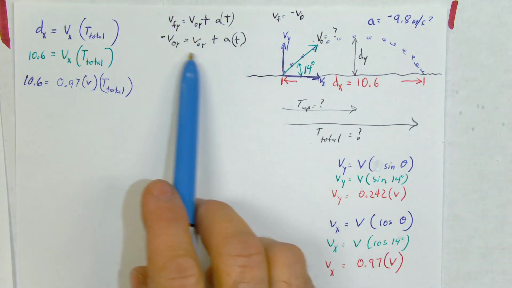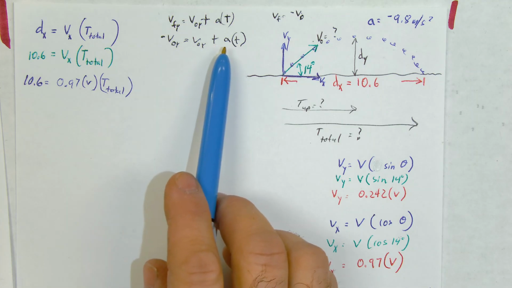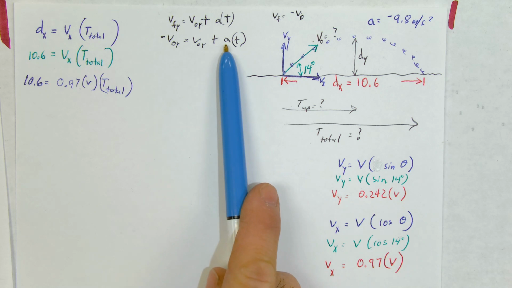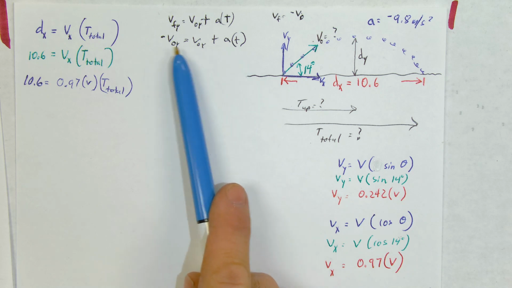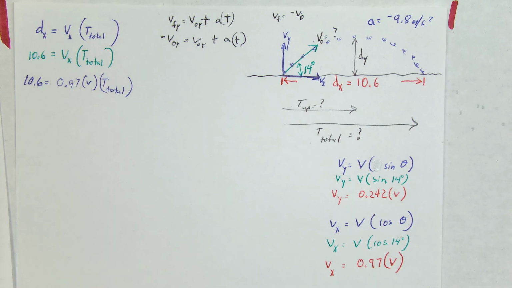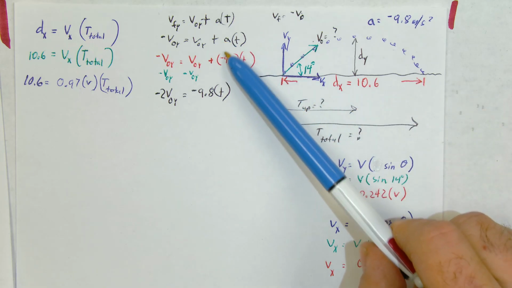Now, what can we put in of what we do have and what we do know? Well, we do know acceleration, and we can simplify this as much as we can, and I'll do that. So I can substitute in that acceleration is negative 9.8.